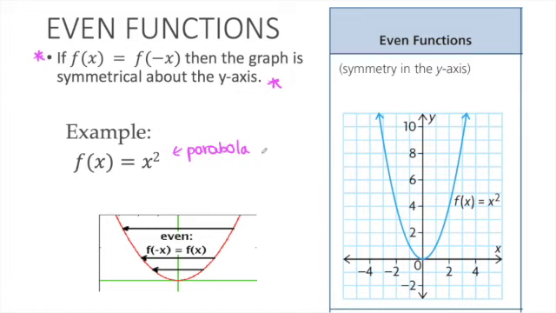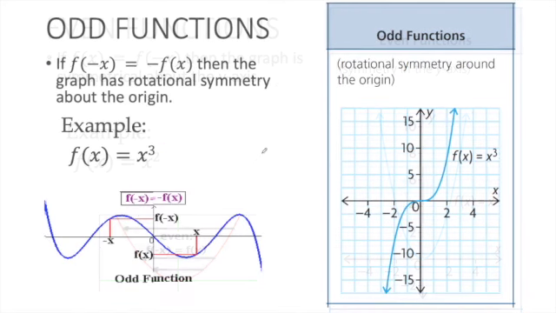Okay, remember for odd functions, from your first slide, you want f of negative x to equal negative f of x. So a cubic function is an example. It has rotational symmetry about the origin. If you were to rotate it about the origin, it is going to look like this down here in your third quadrant.